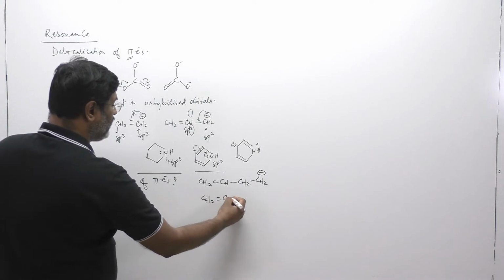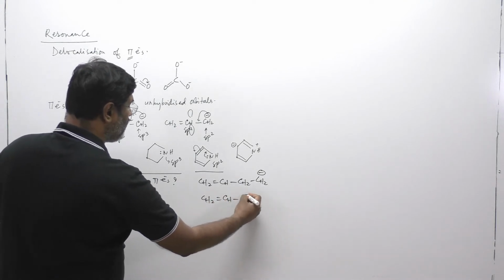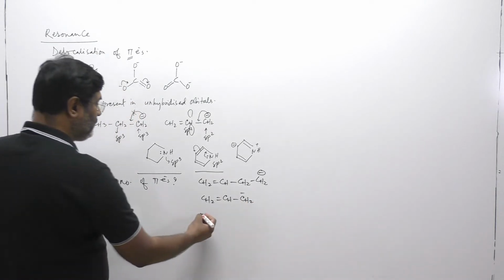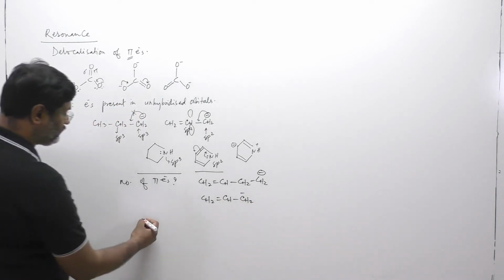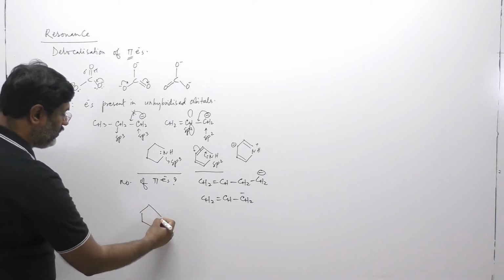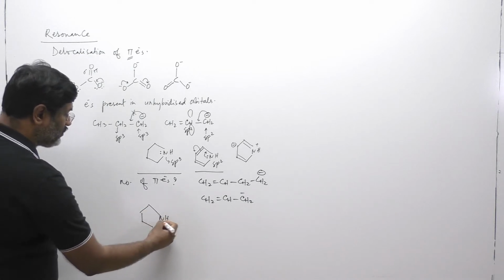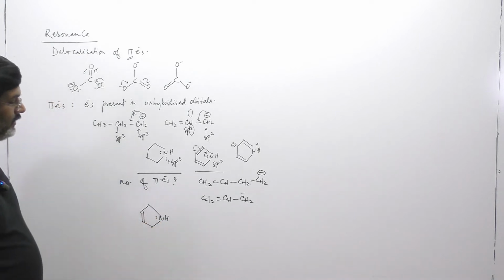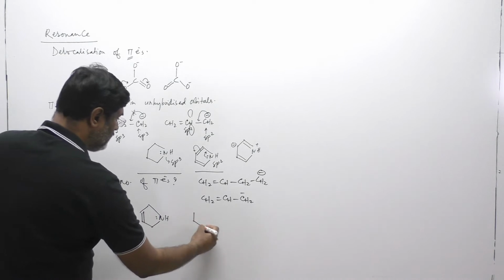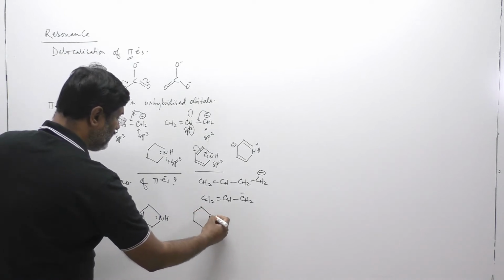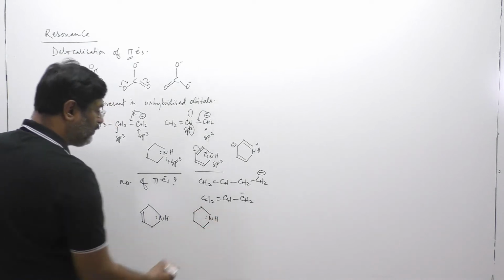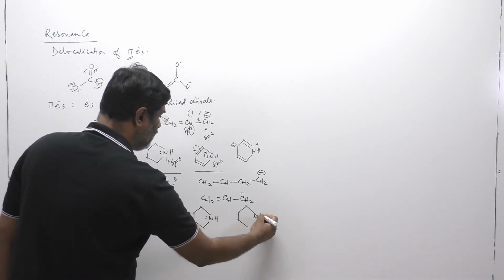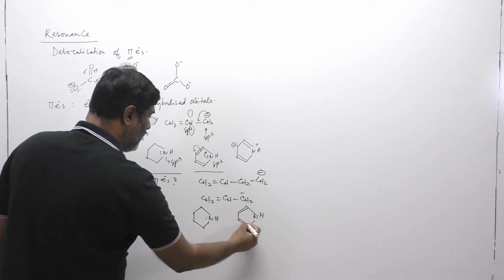CH2 double bond, there the CH minus, CH2 minus, pi electrons here, NH, number of pi electrons here, number of pi electrons here, number of pi electrons here.